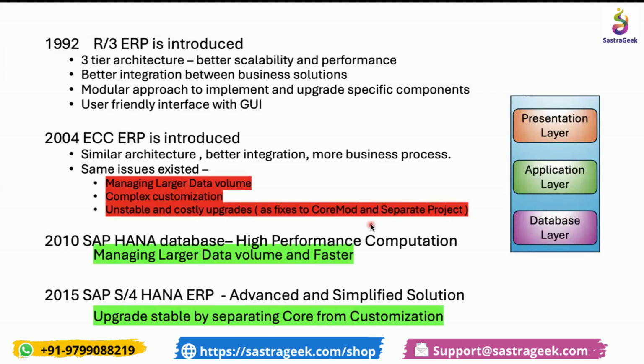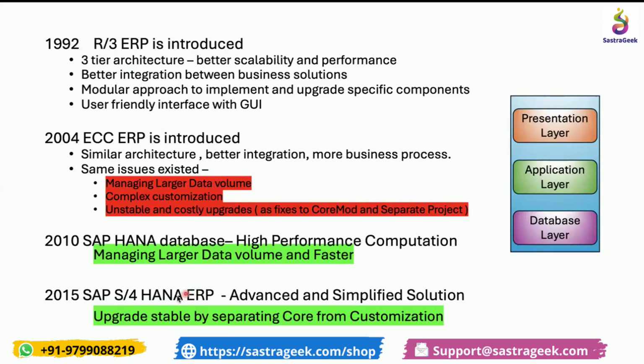The plan was to have interaction only through APIs that were standard, released, and stable, and we could communicate with the SAP standard system without breaking it for any upgrades. Now that came out in 2015 through S4 HANA.